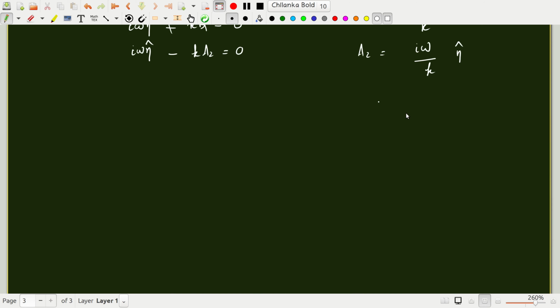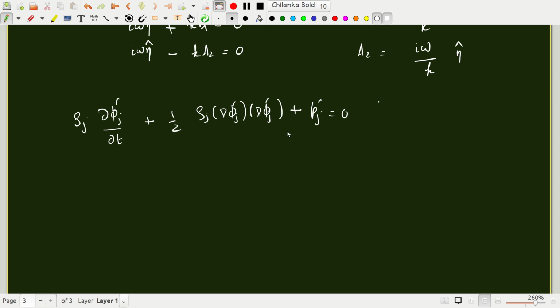So what we found was that ρj ∂φj/∂t plus half ρj (∇φj)² plus pj is equal to 0. This is after subtracting the base state from the total Bernoulli equation. This is what we wrote for the pressure equation.